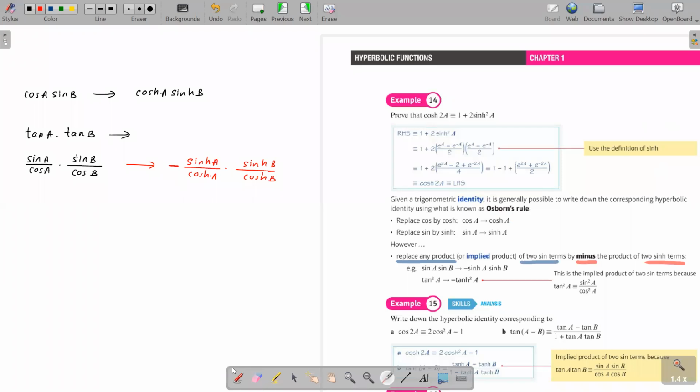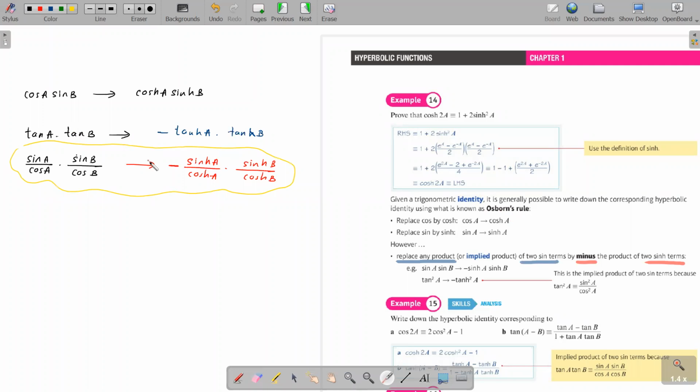So you need to have a negative sign here, which means the answer is going to be minus tanh A tanh B. You can directly go for the conversion. This was just an extra step to show you the implied product of the sines. But you could go from tan A tan B directly.